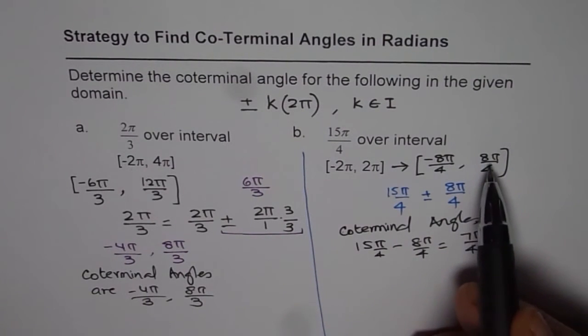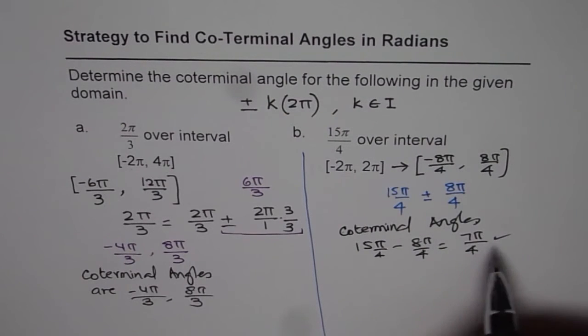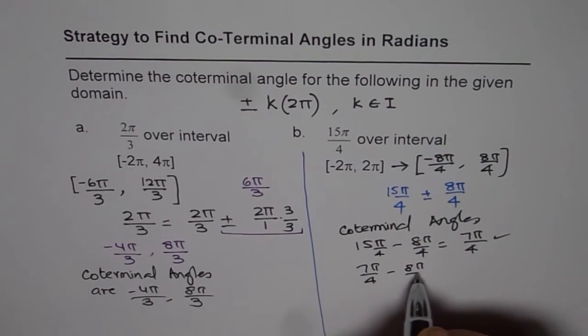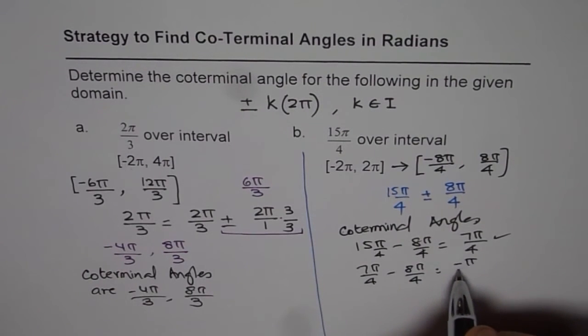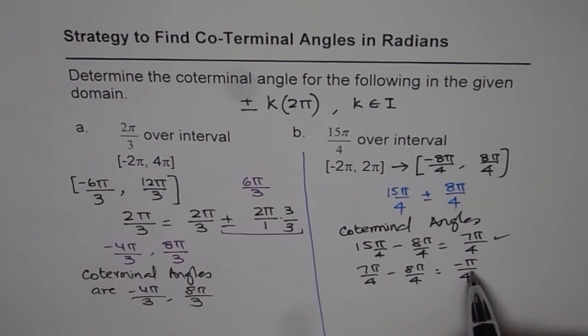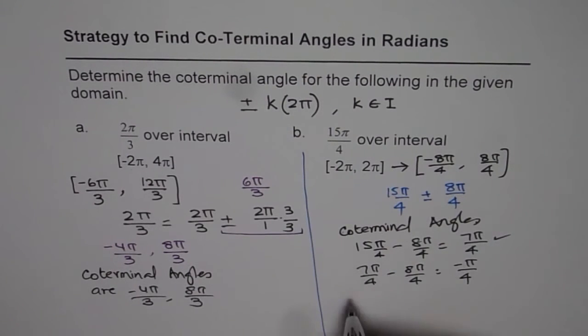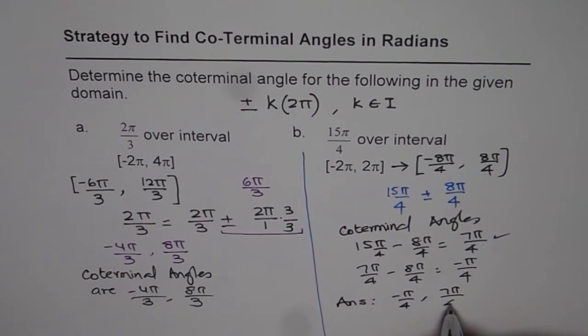Now, which is very much within this, right? Now again, we can subtract 8 pi by 4 from here. So from 7 pi by 4, again, let's subtract 8 pi by 4, which is as good as subtracting 2 pi. We get minus pi by 4. Minus pi by 4 is also within the domain. But now if I subtract 8, it will be minus 9 pi by 4, which will not be in the domain, correct? And therefore, our answer is minus pi by 4 and 7 pi by 4.